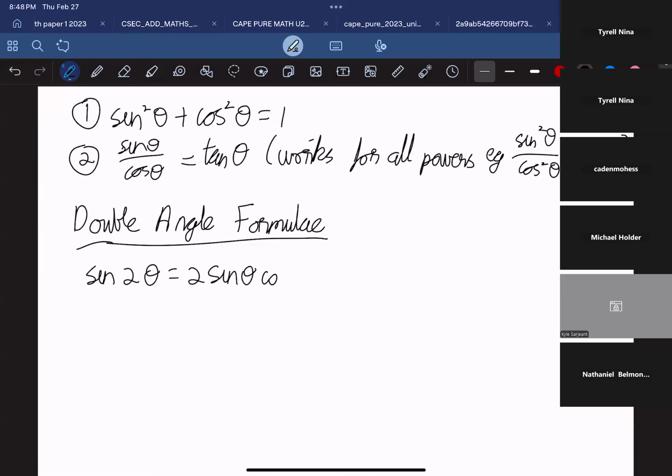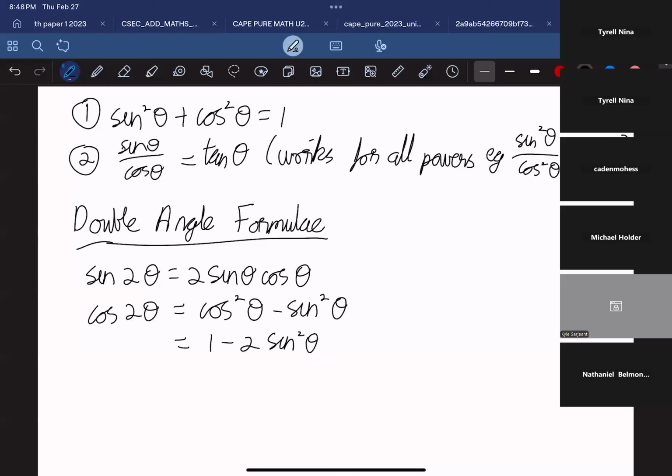Cos 2 theta is cos squared theta minus sine squared theta, or 1 minus 2 sine squared theta, or 2 cos squared theta minus 1. Where do you get that from? When we do the multi-angle formula, you'll see it. And the other one, tan 2 theta is 2 tan theta over 1 minus tan squared theta.